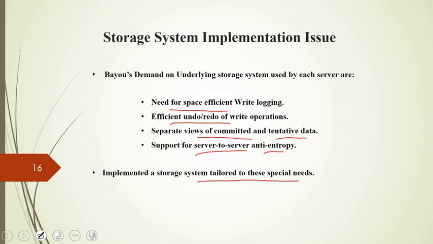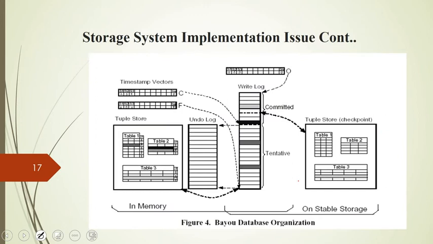So let us check what storage system has been implemented in Bayou. This is the diagram which shows the Bayou database organization, which is the storage system implementation. In this we have the tuple store, the undo log, and the write log.